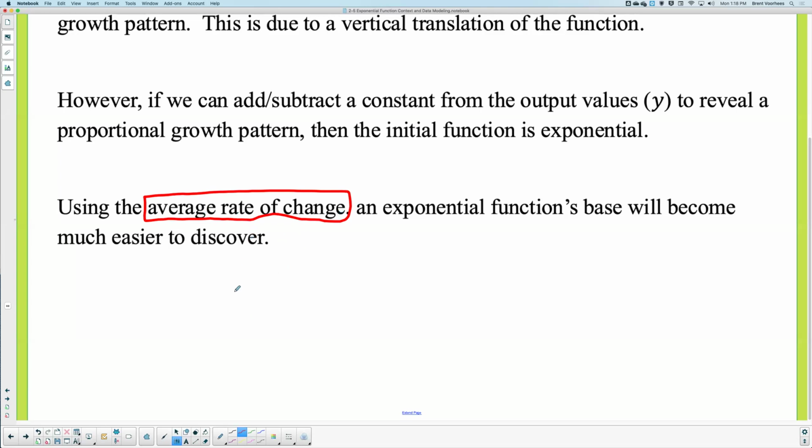So here's what I'm going to tell you. Here's our formula we're going to use today. To find your base, we're going to say base raised to the power of delta x is equal to, and I'm going to write it two different ways. It could be equal to y2 divided by y1, or you could solve using a-rock2 divided by a-rock1. And here's what I want you to write on this.